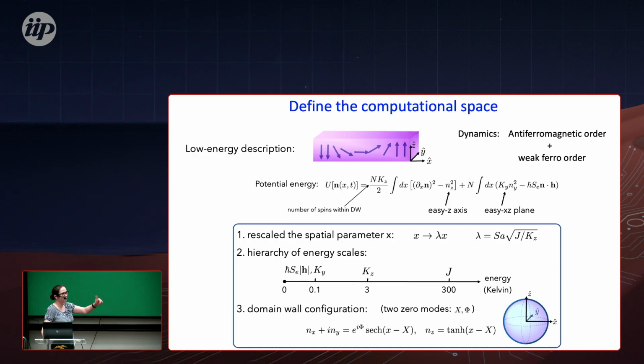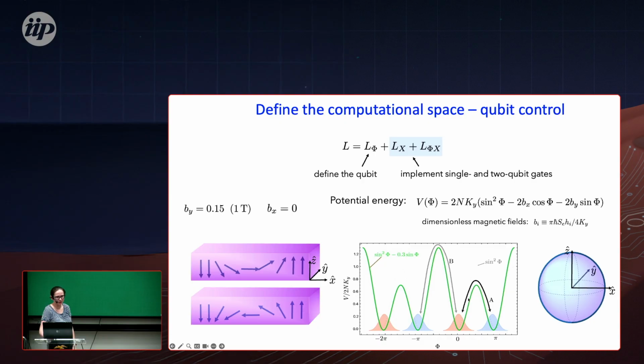Because now you have two vorticities. In principle, initially, if you have a Hamiltonian with only exchange interaction J and anisotropy K_Z, you just know that you rotate either clockwise or anti-clockwise, but these two states have the same energy. So you have a degeneracy between clockwise and anti-clockwise domain walls.